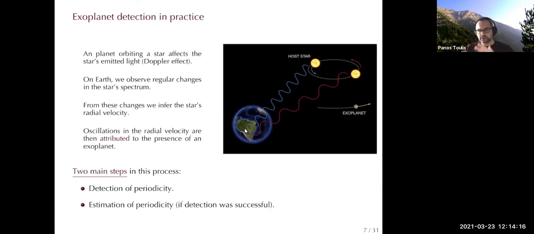On Earth, we're doing some spectroscopy analysis, and we see that as variations, oscillations in the spectrum from the star. And from that, we back out the velocity of the star with respect to Earth, the so-called radial velocity. And so essentially, we're looking for the fingerprint of the exoplanet as oscillations, as periodicities in the radial velocity data from the star. That's basically what's happening here.